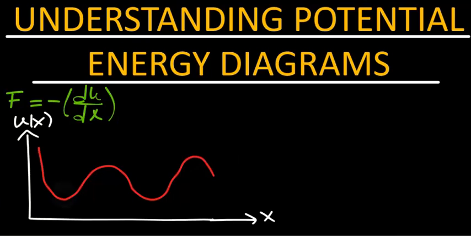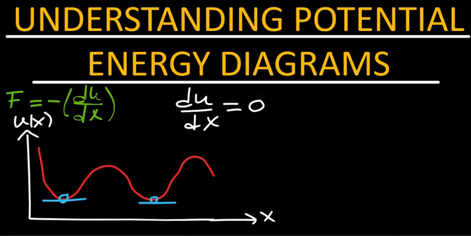Let's concentrate on the minimum points right there. What happens at these points is that the slope of the U-x graph is 0. So what do we say? We say dU/dx equals 0. Now we are talking about exactly at these 2 points.